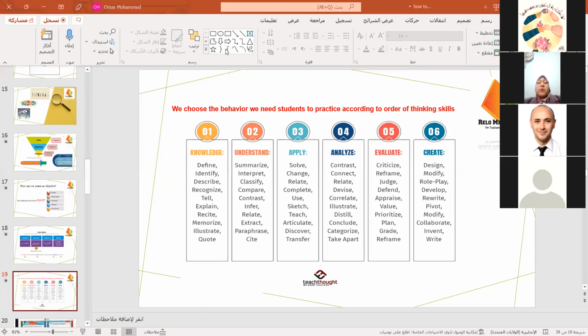So this is part of Bloom's taxonomy. Are any of you familiar with Bloom's taxonomy? Have you heard about that? What is Bloom's taxonomy? Ms. Salwa, would you like to share with us?